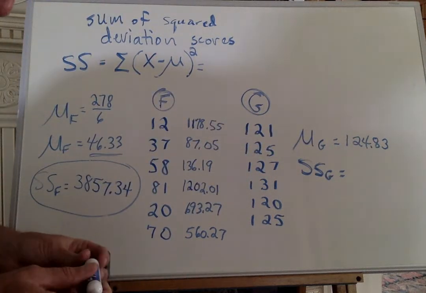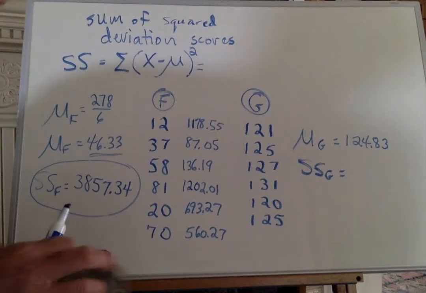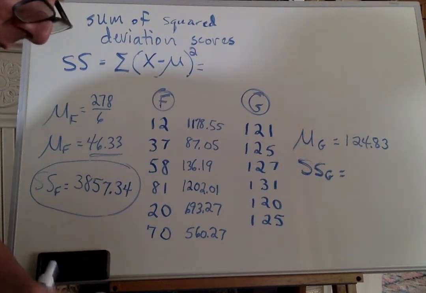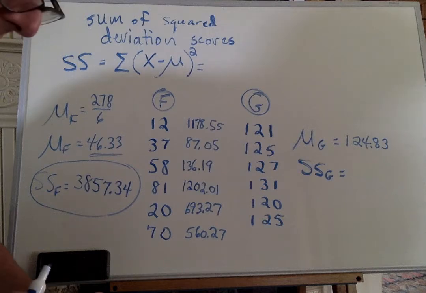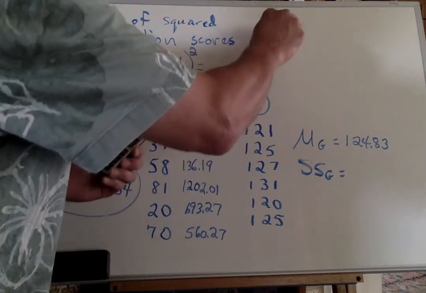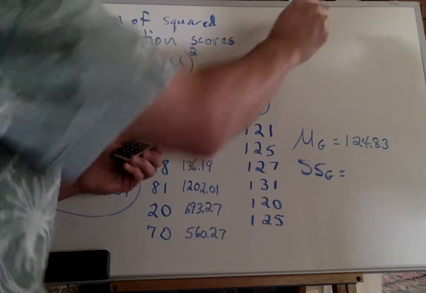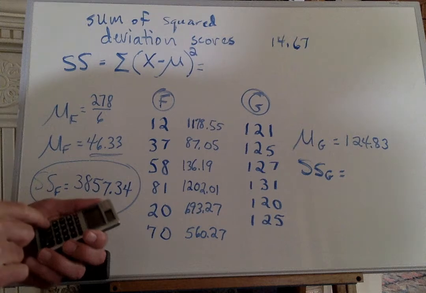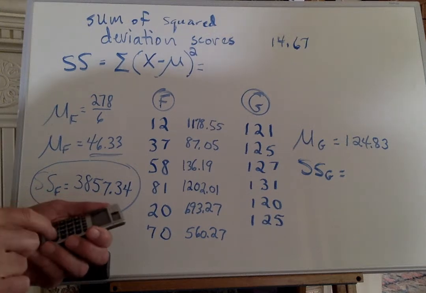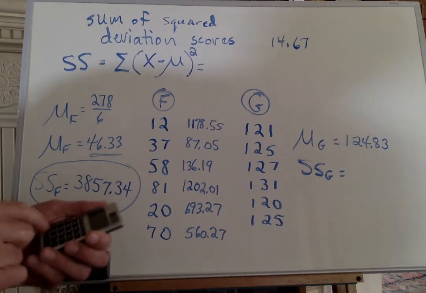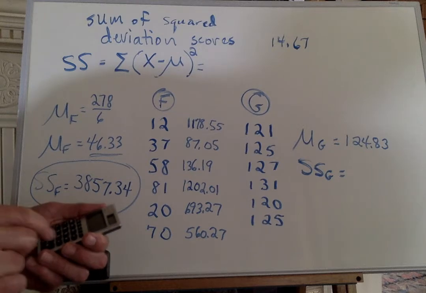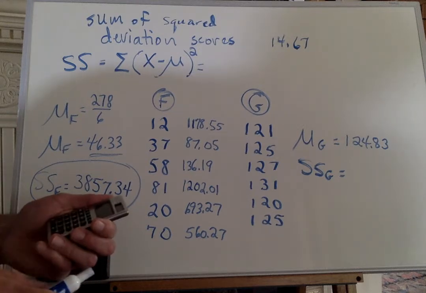Again, let's quickly go through our sum of squares. So 121 minus 124.83 equals, we're going to square that, okay? So that was 14.67, okay? 125 minus 124.83, small number in that case. We'll square that.